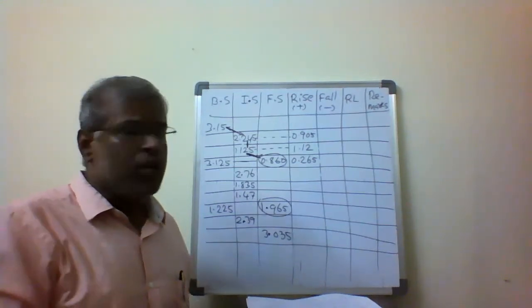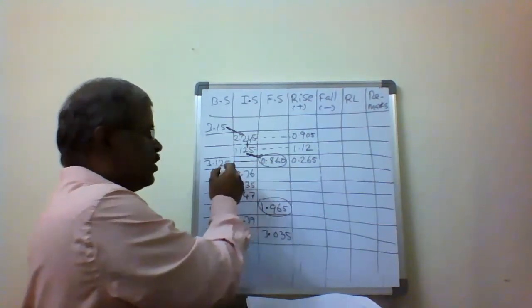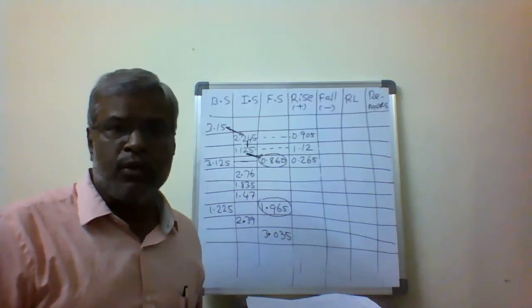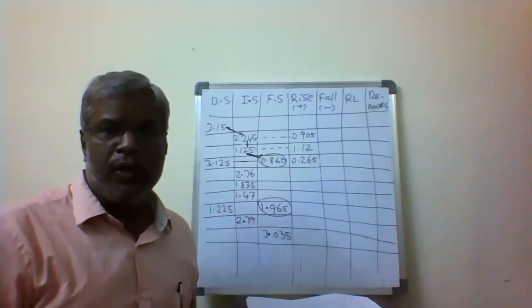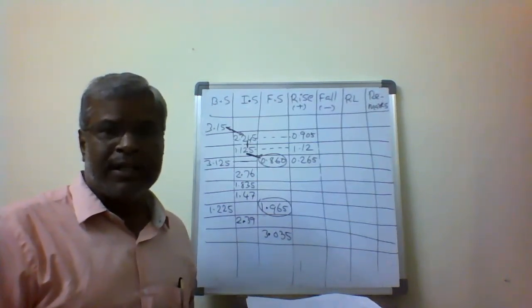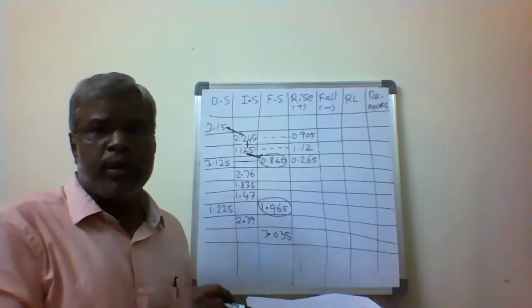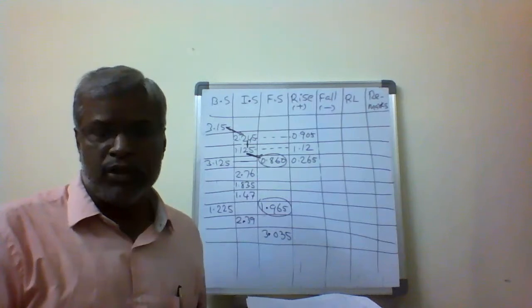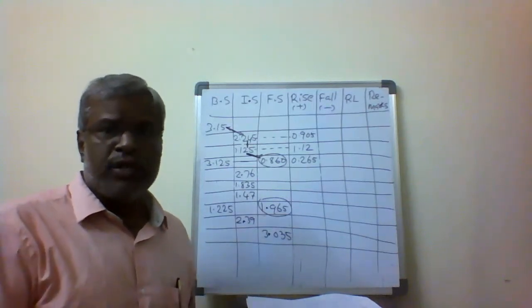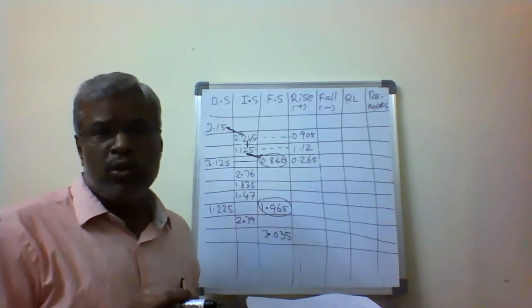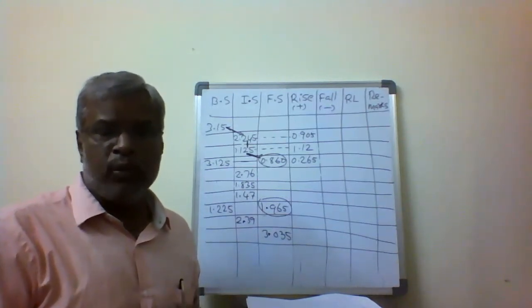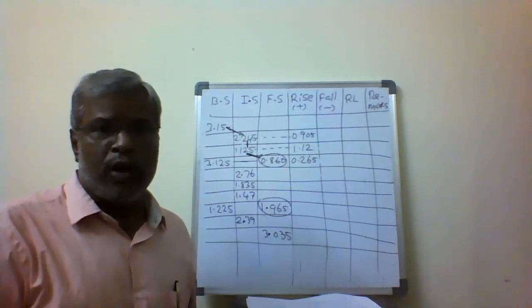If you compare 0.86 and 3.125, the problem goes wrong and we are not able to get the correct elevation, because at the same point we are taking the foresight reading for the previous setup and the backsight reading for the next setup of the instrument. The instrument is shifted, so the same point has two staff readings. We cannot compare them. Only consecutive readings are compared.